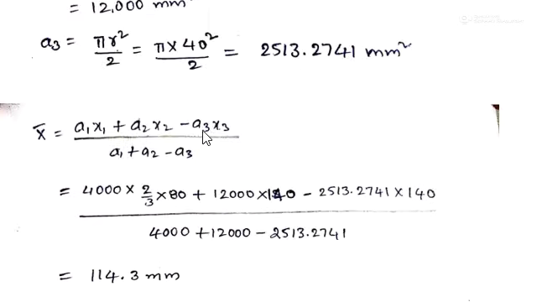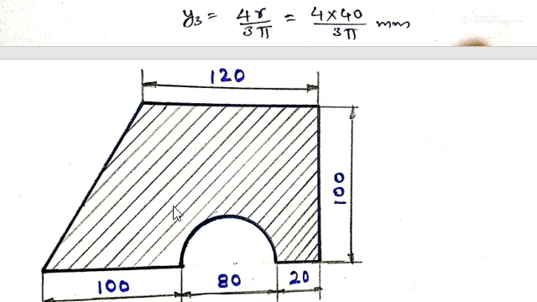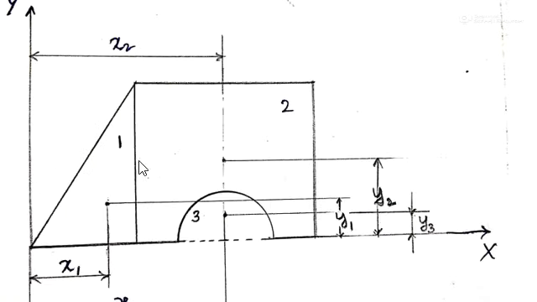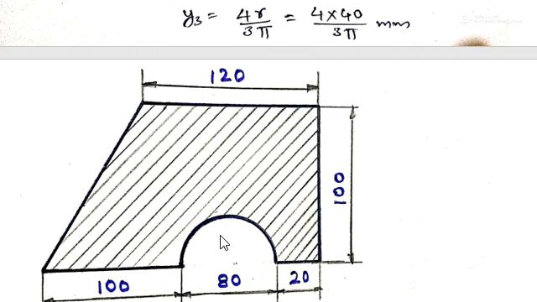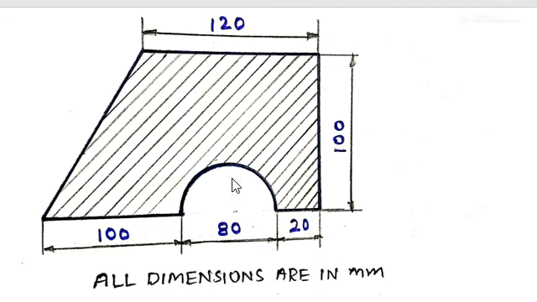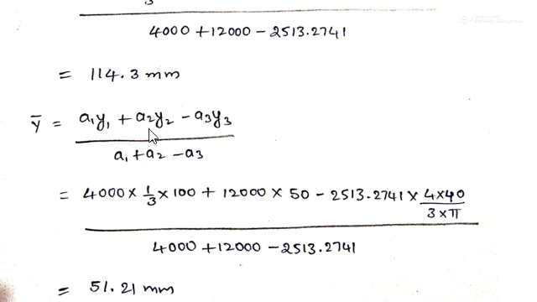And next, the y bar formula is A1 y1 plus A2 y2 minus A3 y3 by A1 plus A2 minus A3.